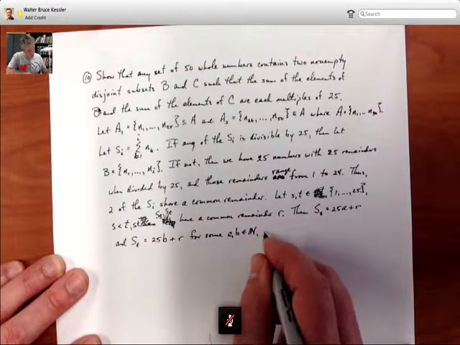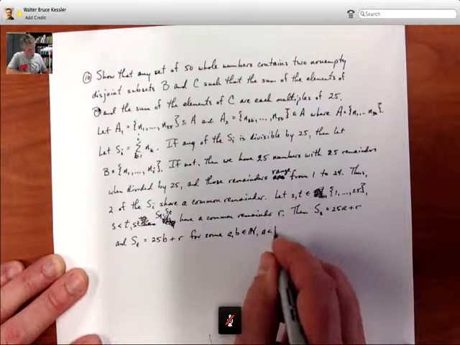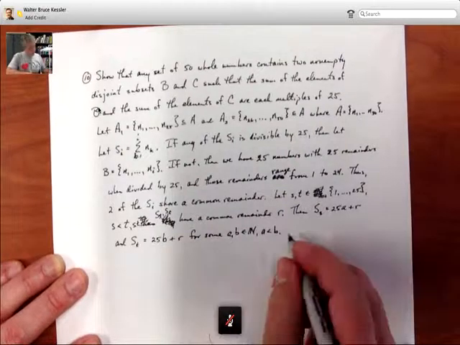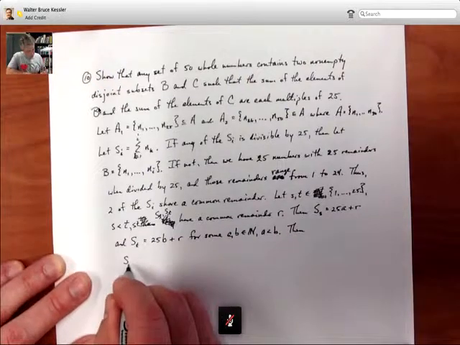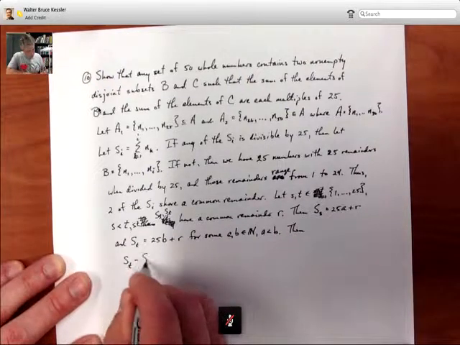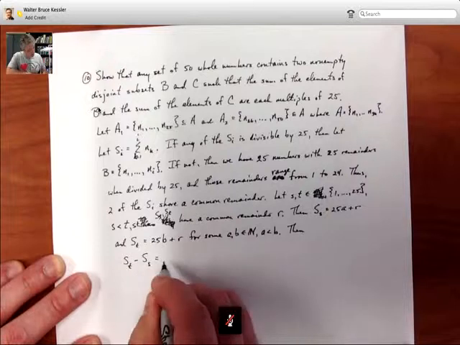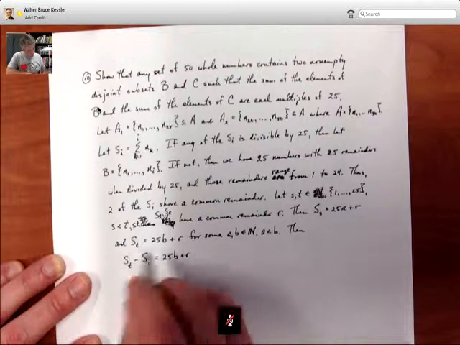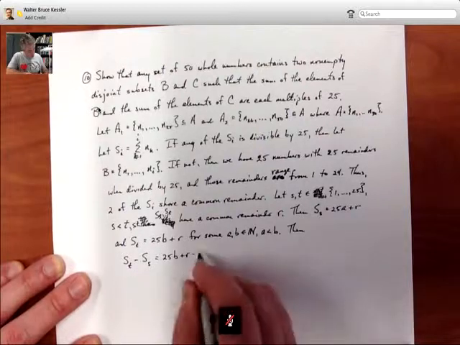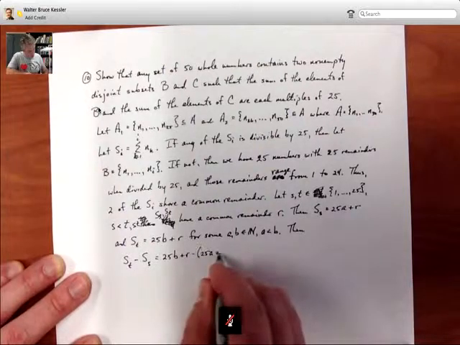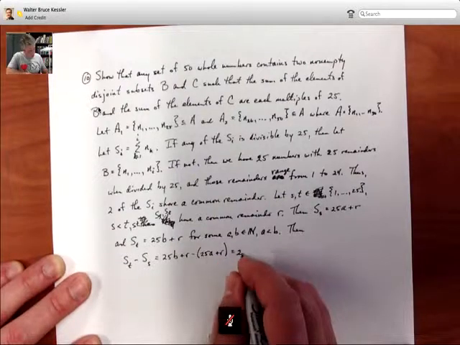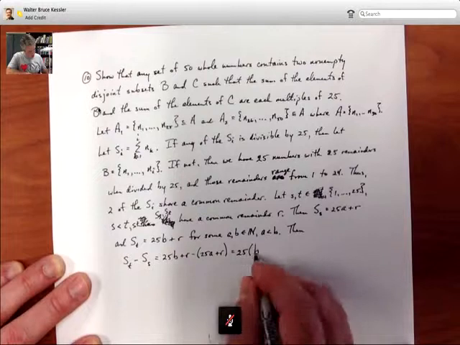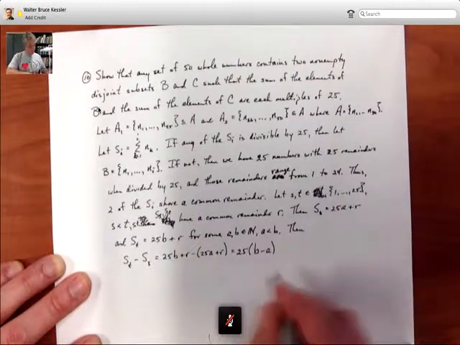That's what I was thinking about before. Of course, a would have to be less than b. Okay? Then if I subtract S sub t minus S sub s, I get 25b plus r minus 25a plus r. The r's cancel, and I'm left with 25. I can group then b minus a.